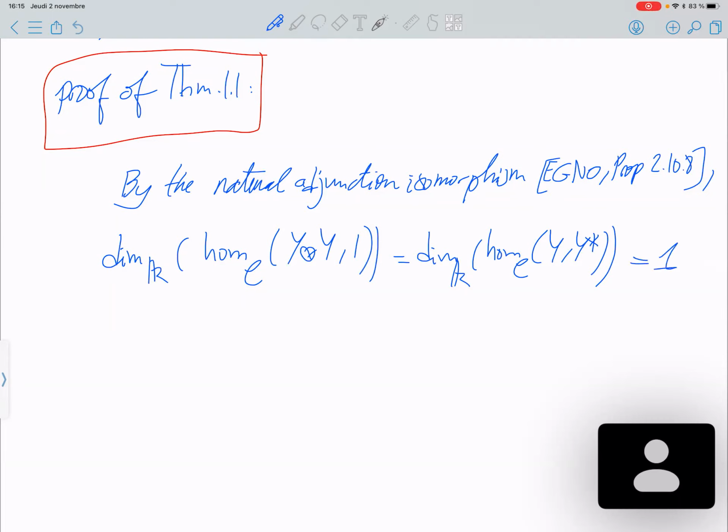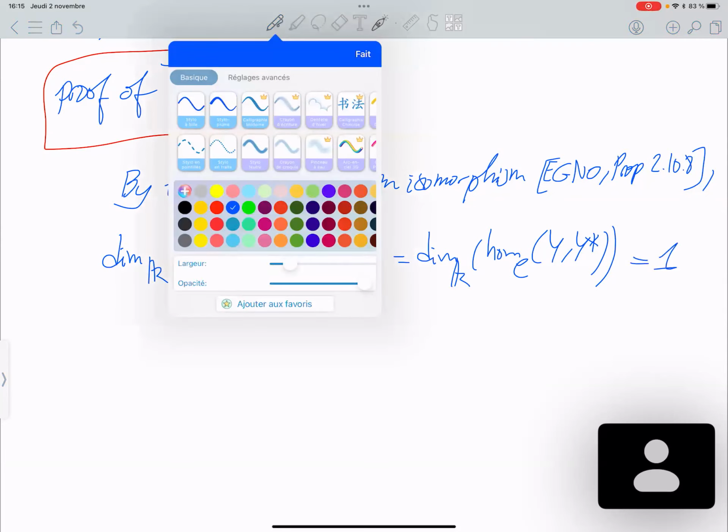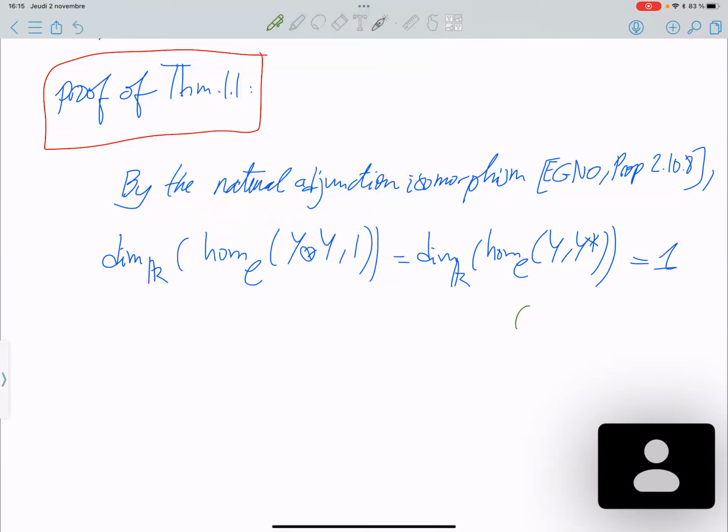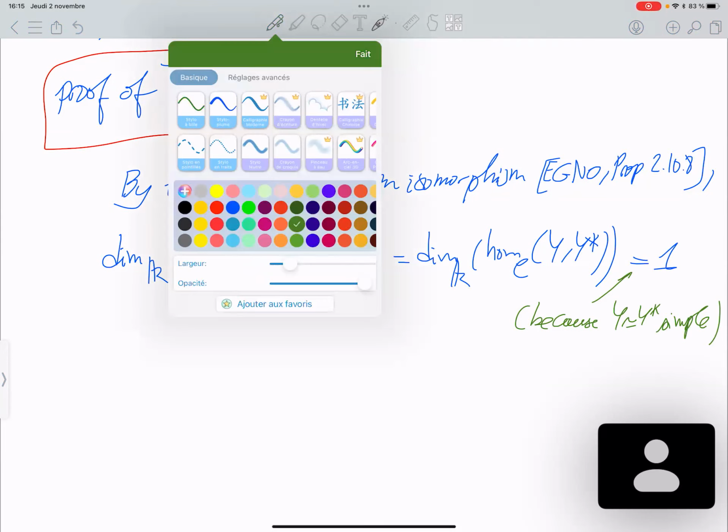But this is equal to 1 because Y is isomorphic to Y star and is a simple object. Okay. And the field is algebraically closed, as I said.